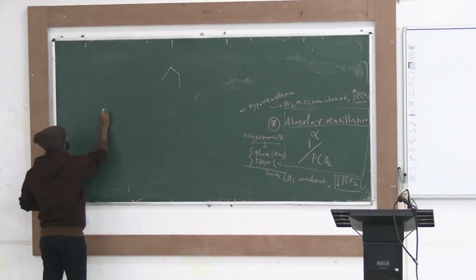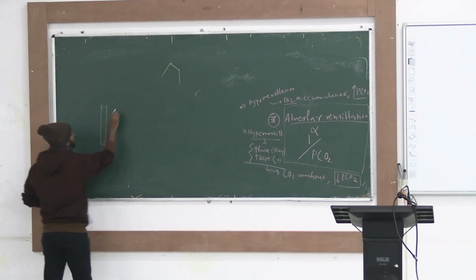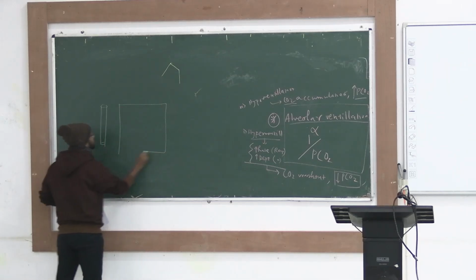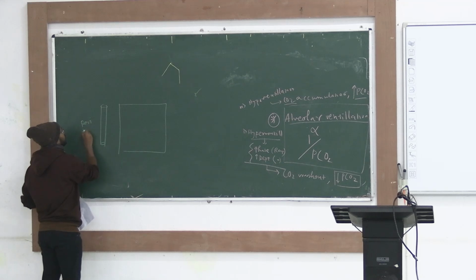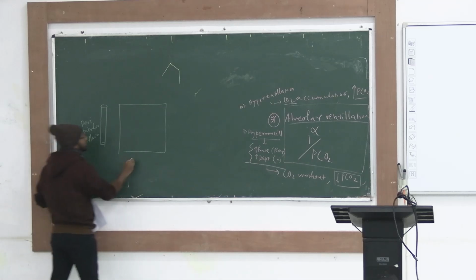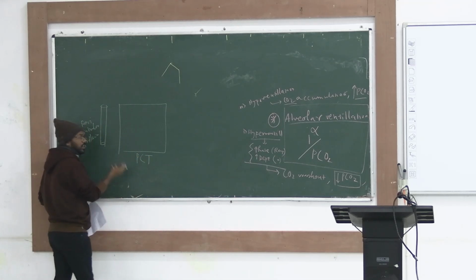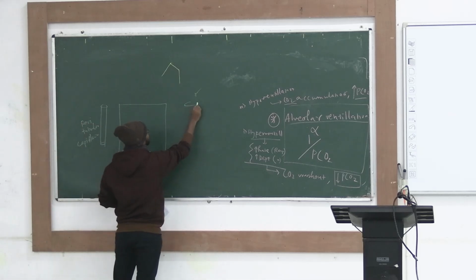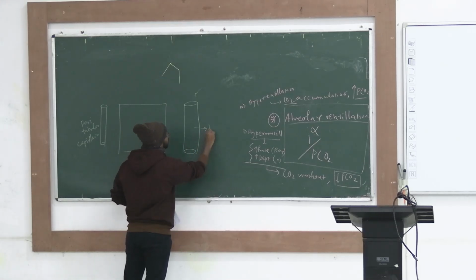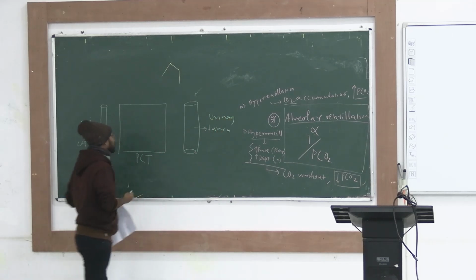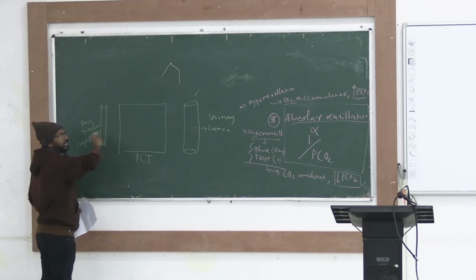Now this is your PCT, proximal convoluted tubule. And here is your urinary lumen, where the urine is collected. So whatever happens, it will happen between these three.